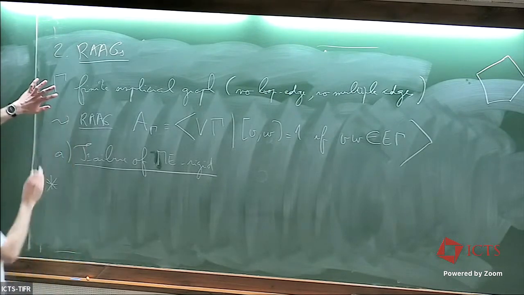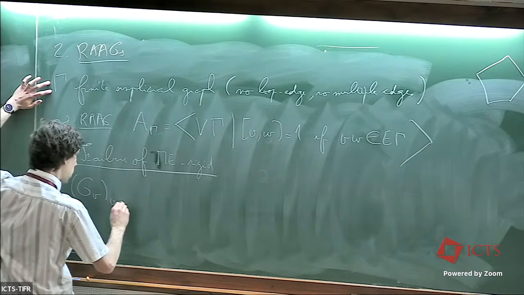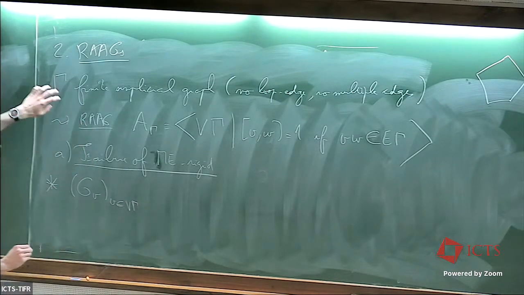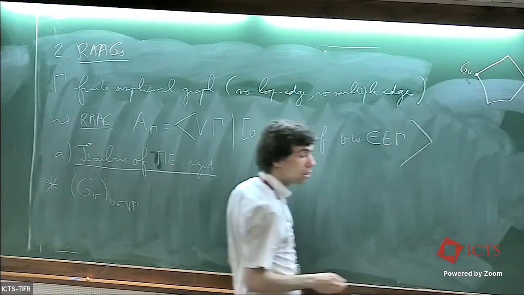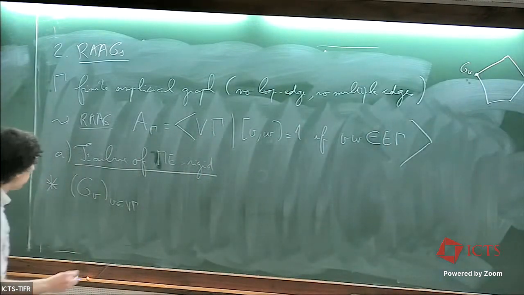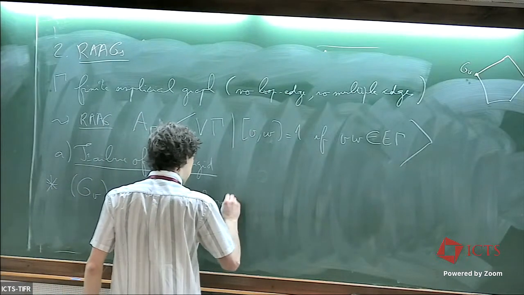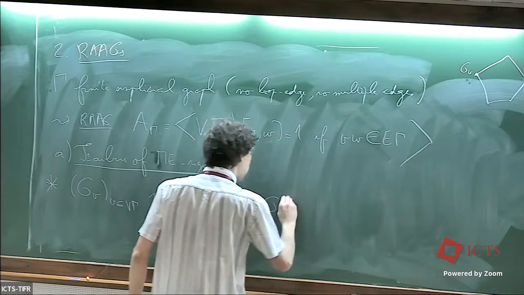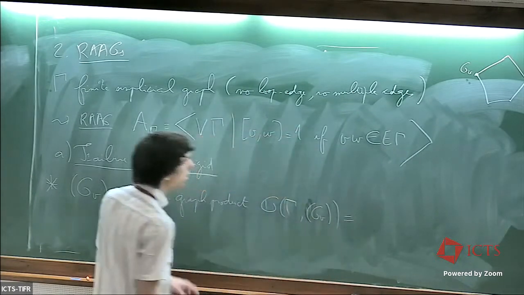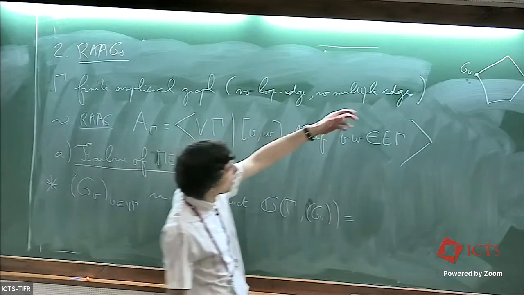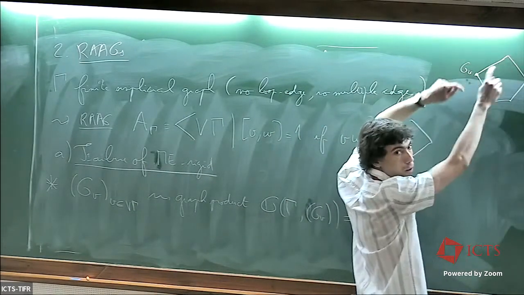If you have a finite graph gamma and a family of vertex groups, one group associated to every vertex, you can build the graph product of the GVs over gamma, which is the group generated by your vertex groups, where if two of them are adjacent, you declare that they commute.